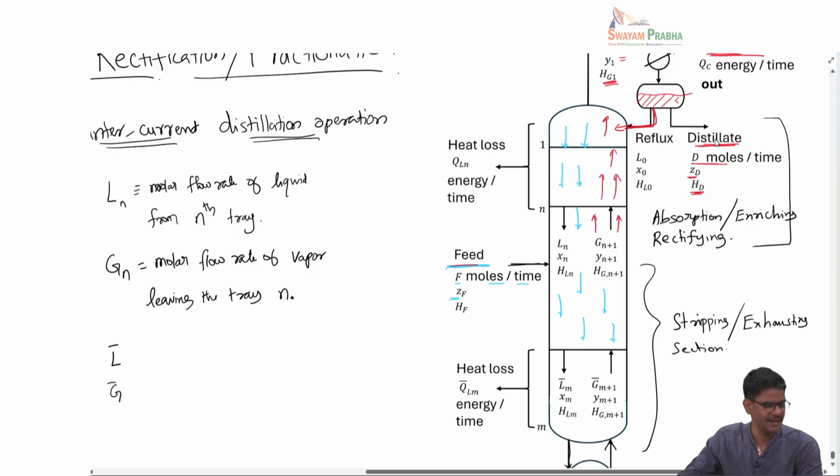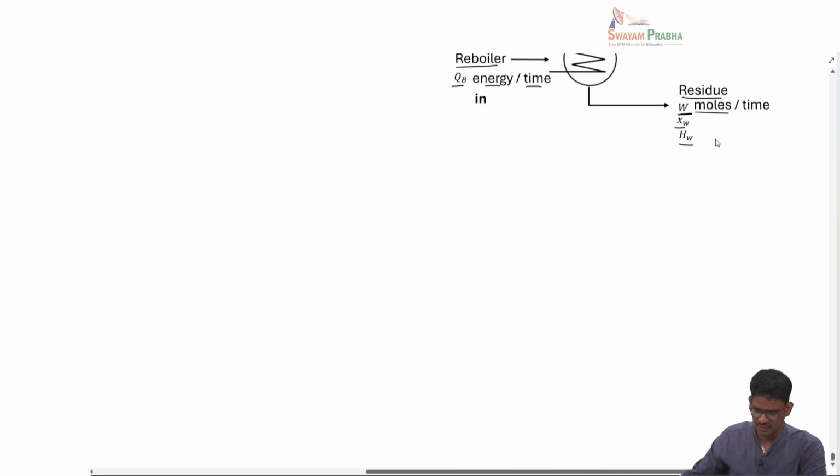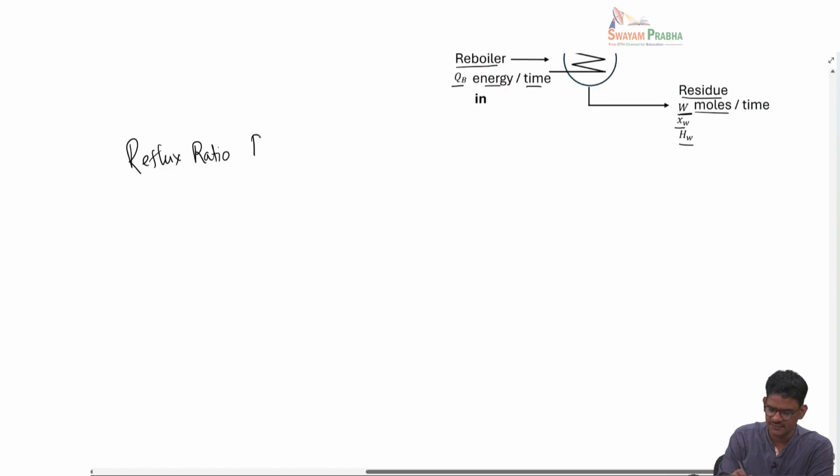So we write what is called the reflux ratio, denoted by the symbol R. R means reflux ratio. This is nothing but L0 over D. This is a definition.